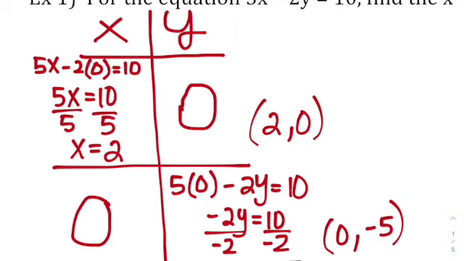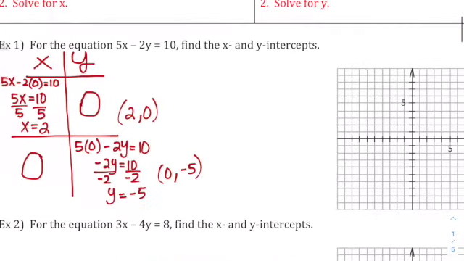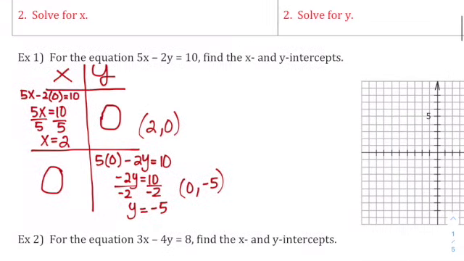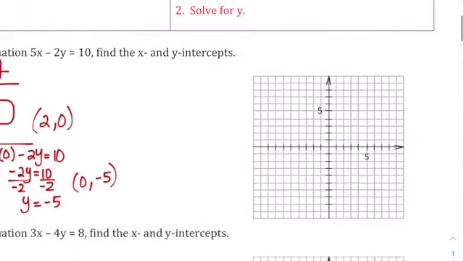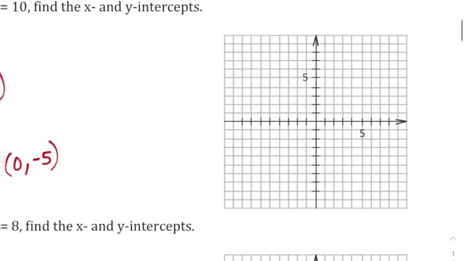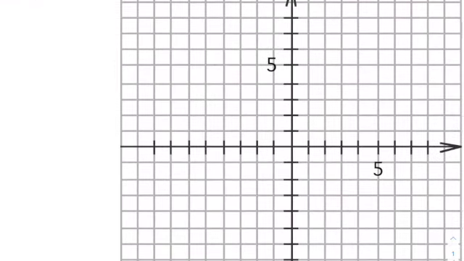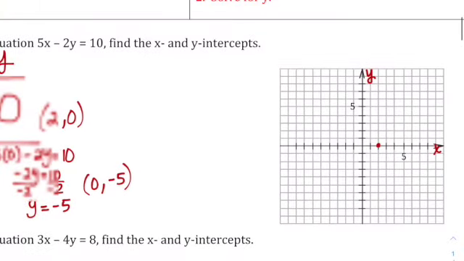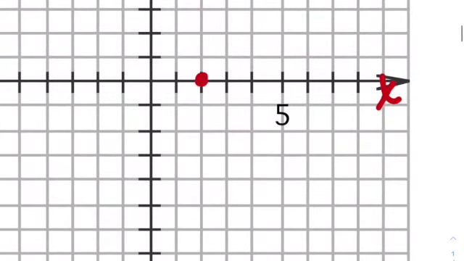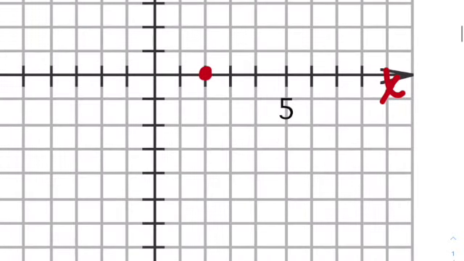Now you can plot those points on the graph. Be careful, it's (2, 0) and (0, -5). So right here is (2, 0), x equals 2. That's x, that's y. And (0, -5): 1, 2, 3, 4, 5, so (0, -5) is down here.